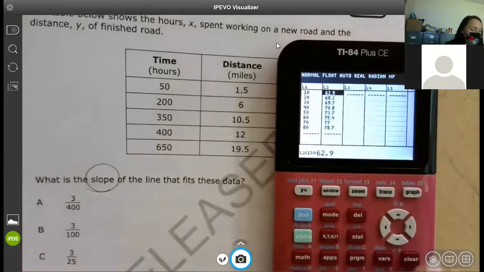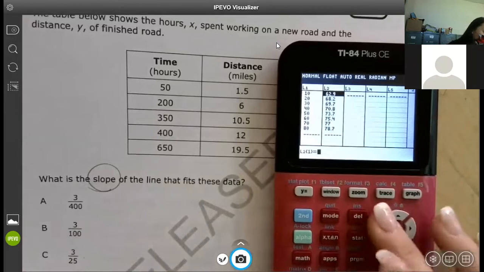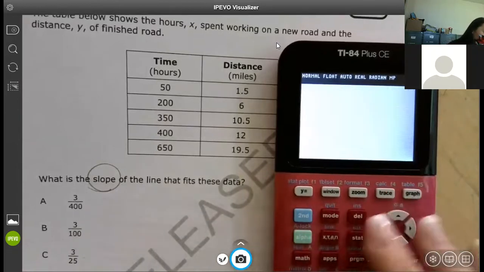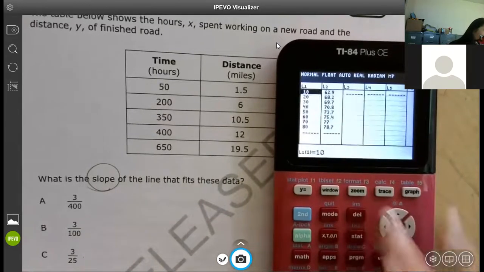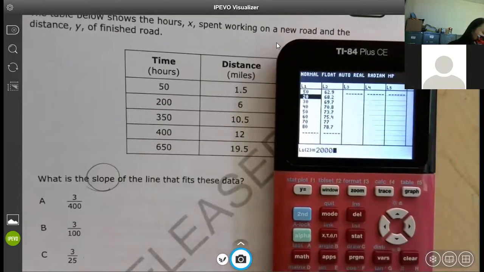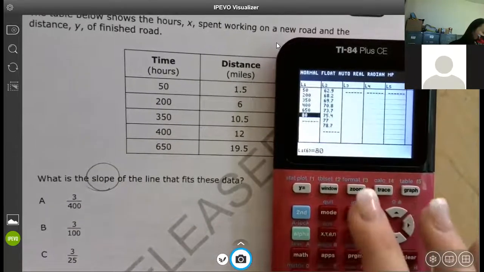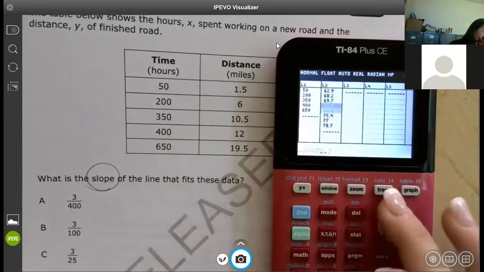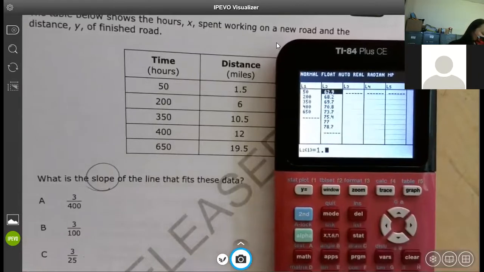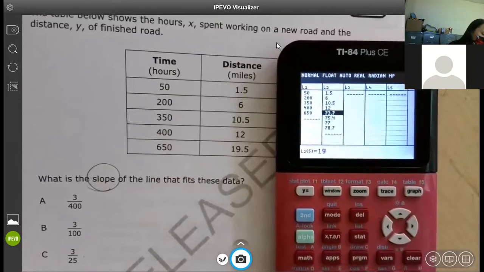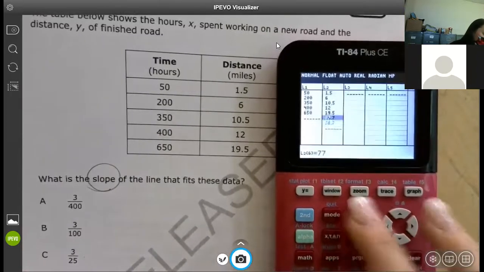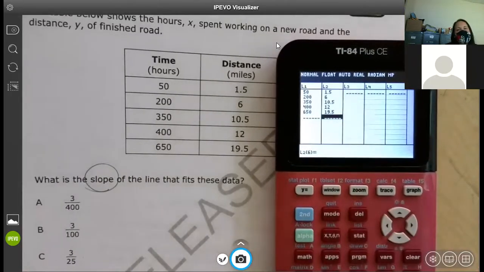We're going to type our numbers in. We have 50, 200, 350, 400, 650, delete the other stuff out. 1.56, 10.5, 12, 19.5, delete the other stuff out.